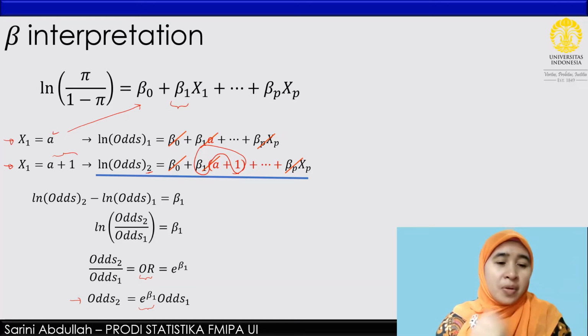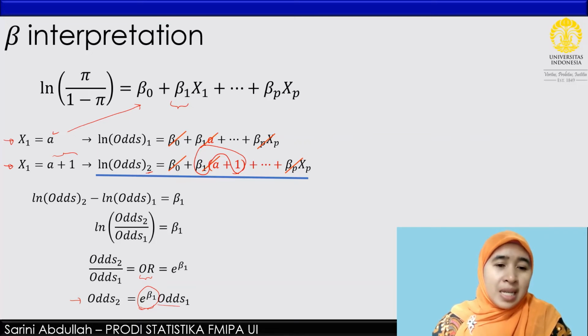Instead of interpreting beta 1, it's much more meaningful to interpret the exponential of beta 1. We can say that the odds of the changed condition is e to the beta 1 times the odds from the first condition.